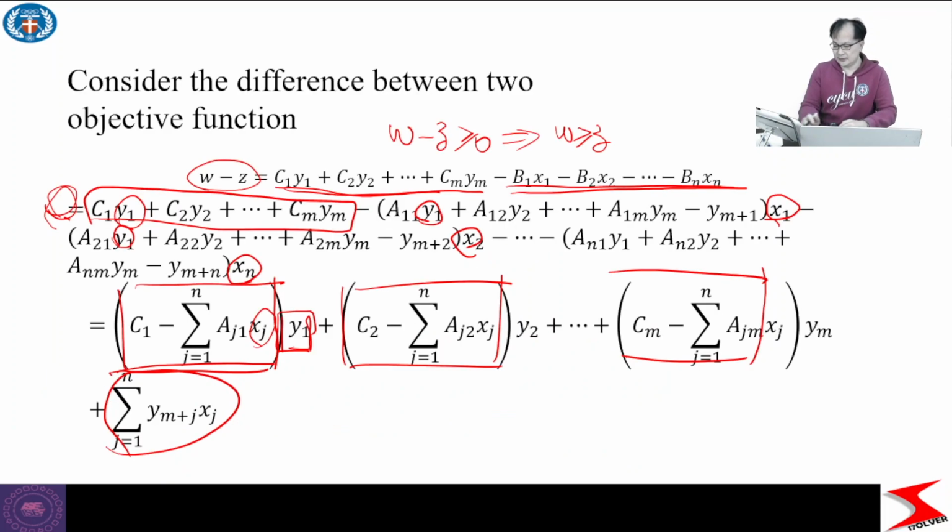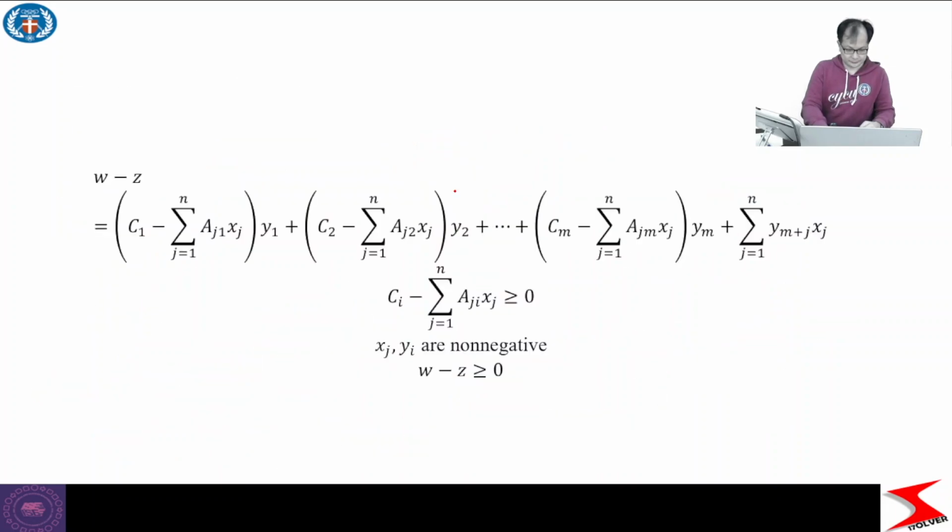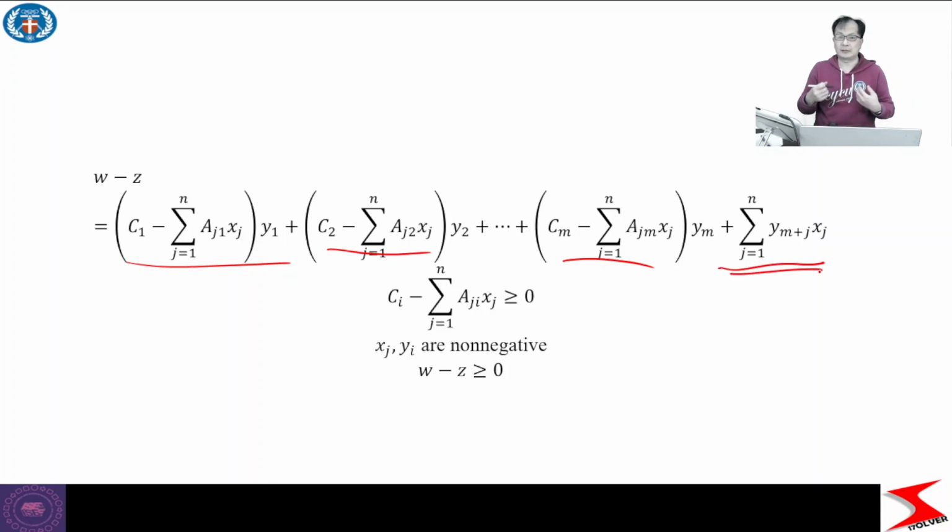So all of these items are greater than or equal to 0, and this one is definitely larger than or equal to 0 because x and y are non-negative. So all of the numbers are larger than 0, and this result is valid. So the weak duality theorem says that for minimizing problems, W is always larger than the value of the maximization problem.